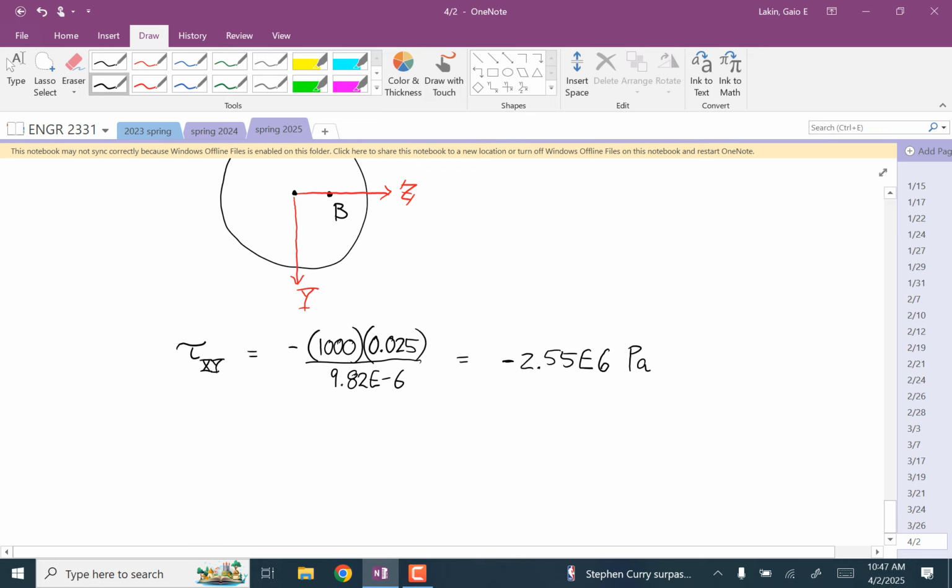Okay, but now I'm going to write out this stress tensor, but you have to remember this is a temporary stress tensor. This is in the coordinate system that doesn't mean much to us.